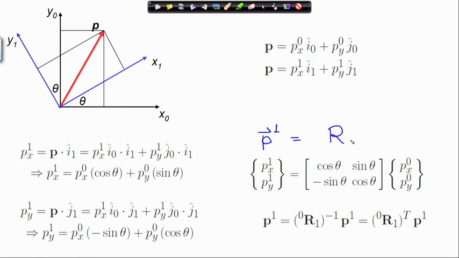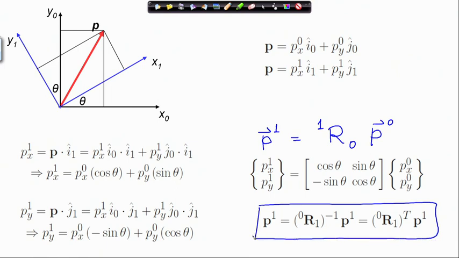So, this must be the rotation matrix that takes me from frame 0 to frame 1, and that must be multiplied by the vector P in frame 0, and that is being represented here. You can very easily check that R from 0 to 1 is the transpose of R from 1 to 0. R from 0 to 1 is nothing but R from 1 to 0 transpose, and that expression you have here.